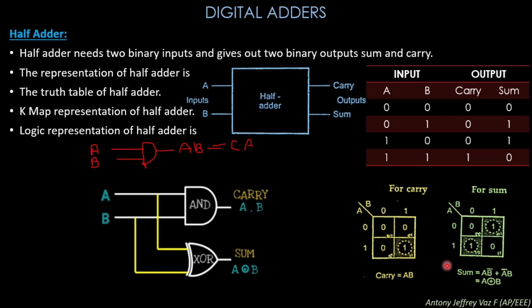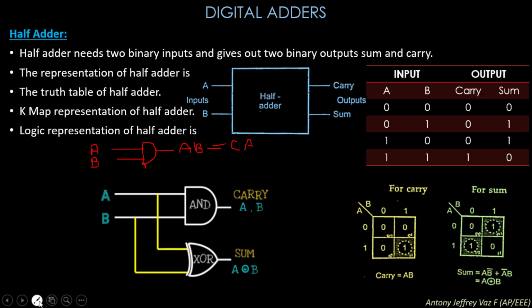In the next step, you can see the summation. For the summation, you need to have an XOR gate. The formula to find the sum of the two elements is A B bar plus A bar B. To find this, you can use the XOR gate.